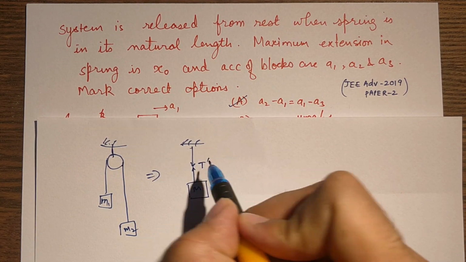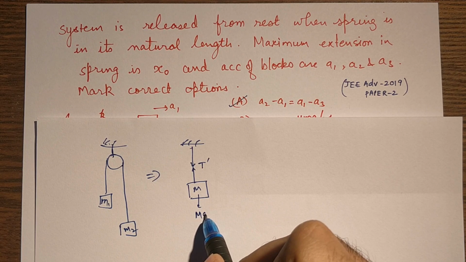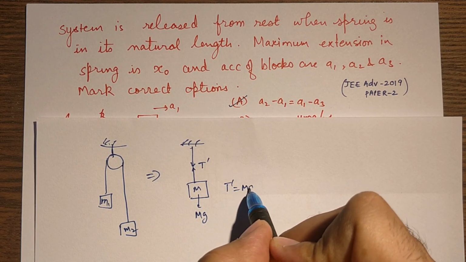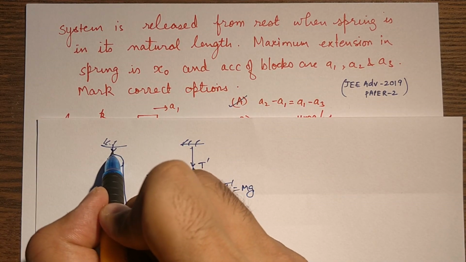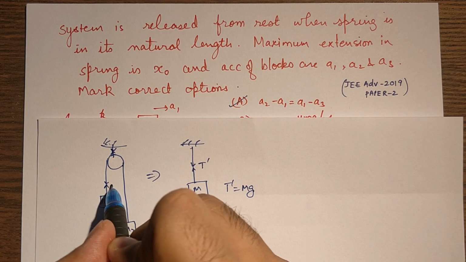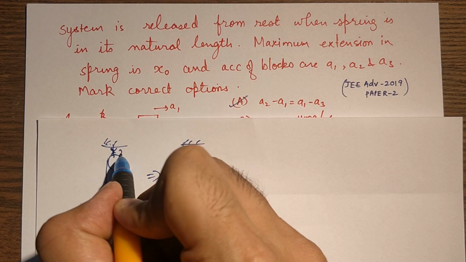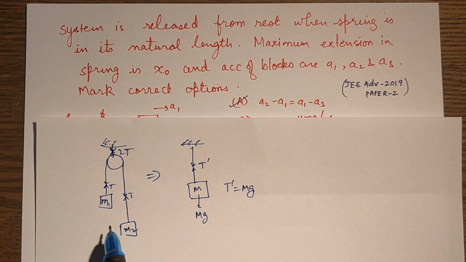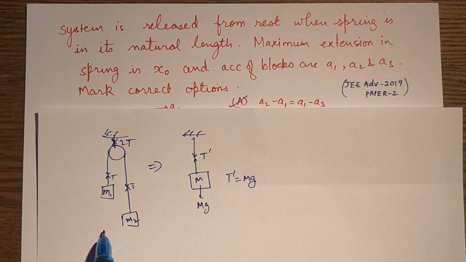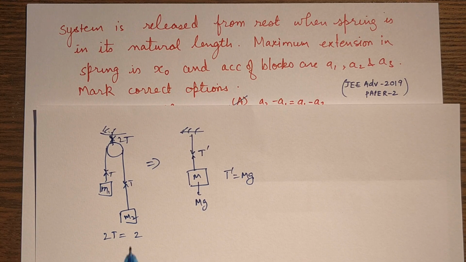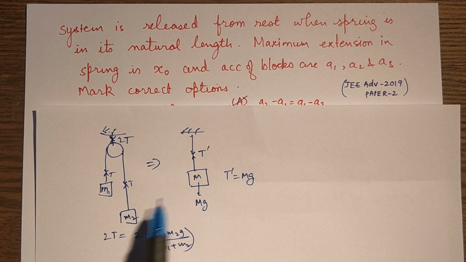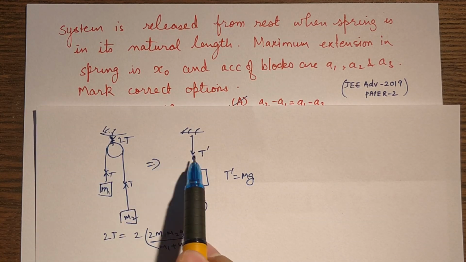Let's say here the tension is T dash, so here this is mg, so T dash will be equal to mg. And here, if the tension in the string is T, here it will be 2T. Using Atwood machine calculations, T is 2 m1 m2 g divided by m1 plus m2. If these two systems are equivalent, their tensions must be the same.